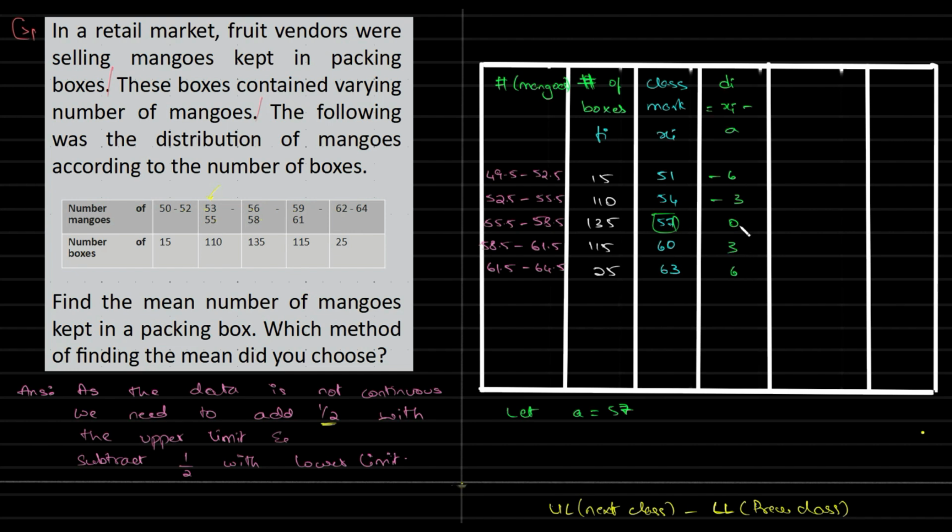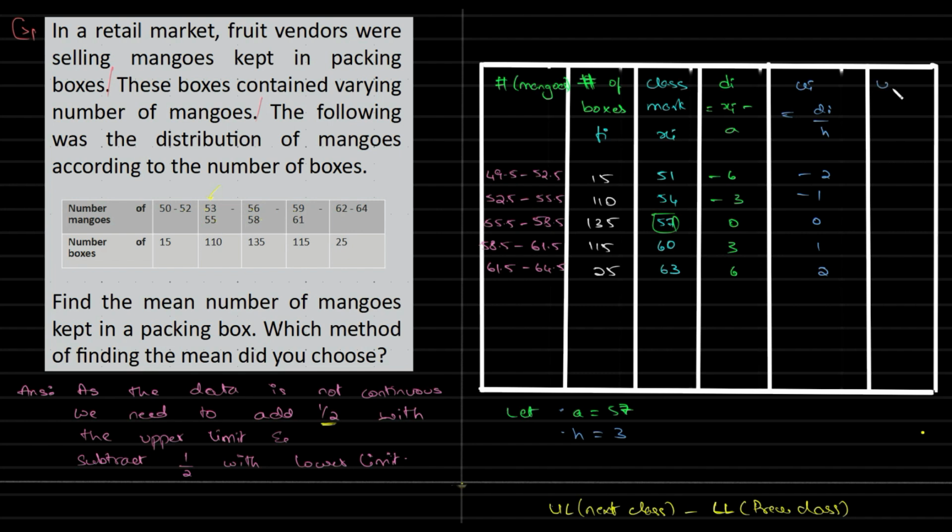Here too, the class size difference continues. This is in AP. We can further simplify this because we want to make it as simple as possible. So di by h, where h happens to be 3. So we have minus 2, minus 1, 0, 1 and 2.